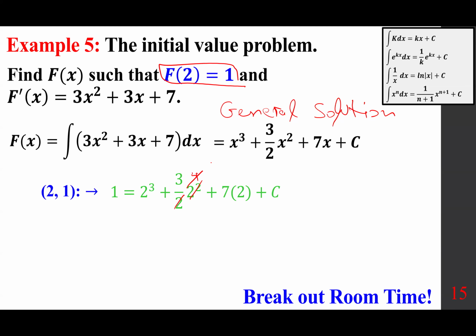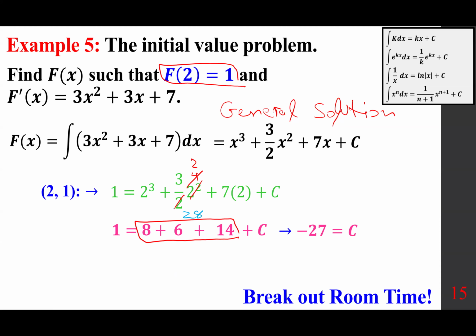They cancel each other. 2 times 3 is 6. 7 times 2 is 14. So as you can see, they add up. 28. 28 and what number adds up to 1? Negative 27. That's the constant.